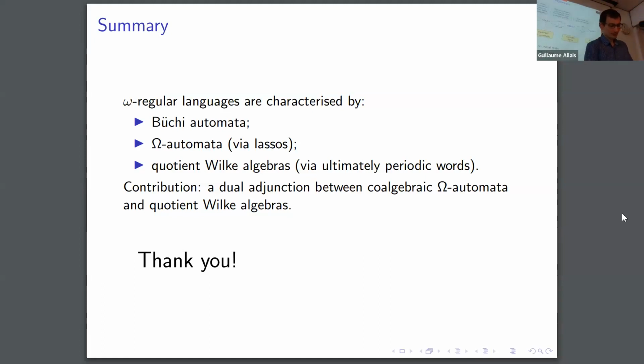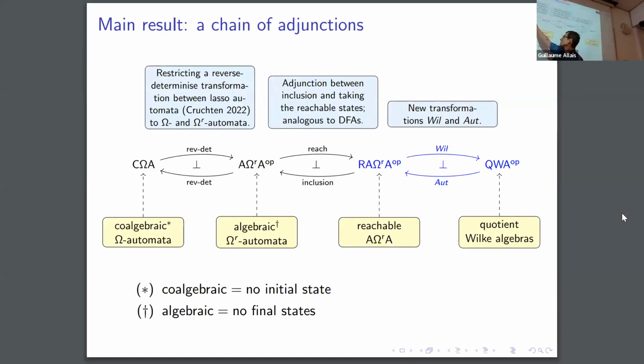Yes. So in this adjunction, this reverse determinized can be obtained as a lifted version of some other adjunction between the categories Set and Set op, and this adjunction can be seen in the same way as a lifted version of an adjunction between Set times Set and the op of that. So it's not only the same reverse determinized, but it is the same way a lifted version of a base category adjunction.